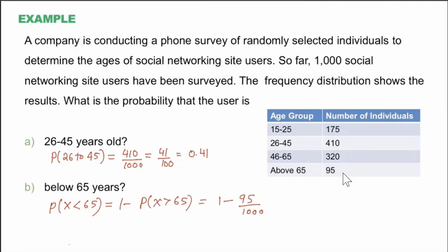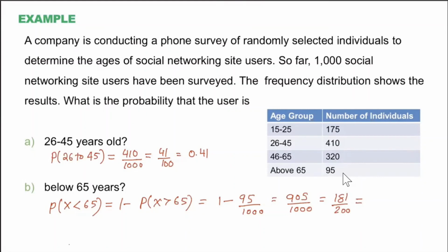That is 1 minus 95 over 1000. You can also do this in your calculator. What you know is that will be equal to 905 over 1000, or if you write that as a reduced fraction, it should be 181 over 200.